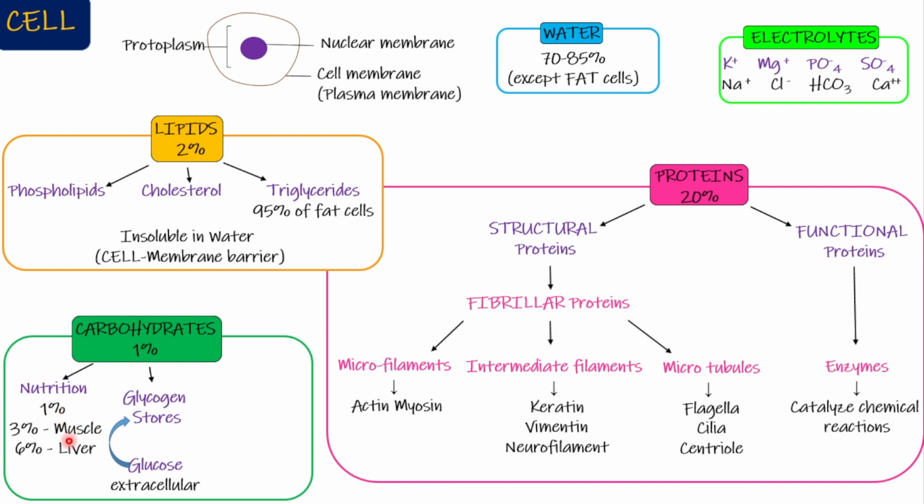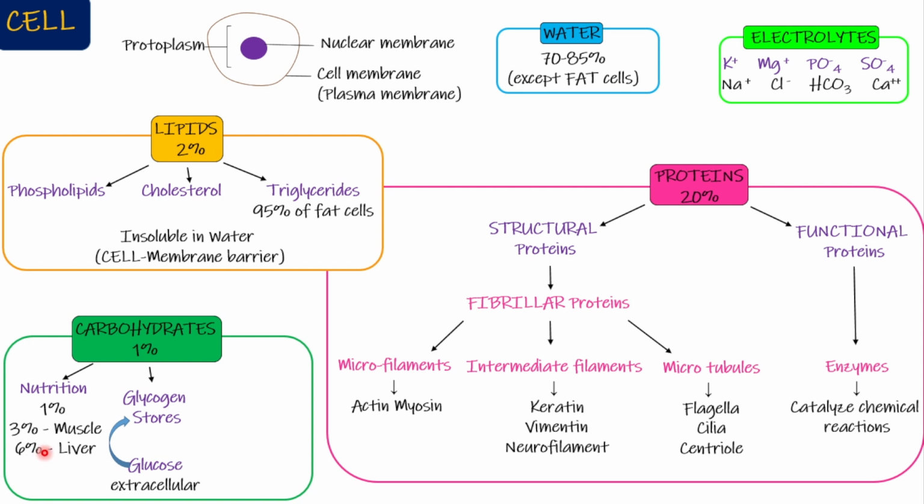Because muscles need rapid energy from the breakdown of carbs. The liver has to metabolize and involve carbohydrates in different chemical reactions. Therefore, the liver has 6% carbohydrates.